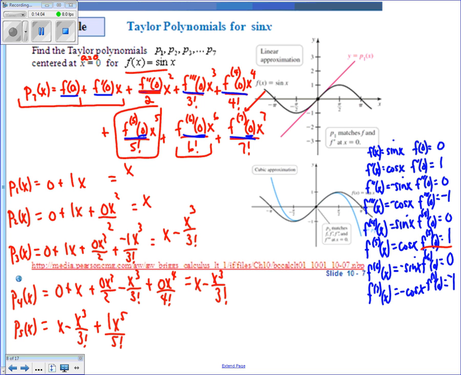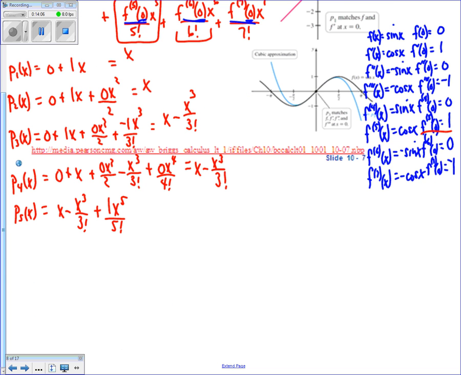So P6 is going to be identical to P5. I would be adding the sixth order derivative, which is 0, over 6 factorial x to the 6th. But it still comes out to be the same thing as the previous one.